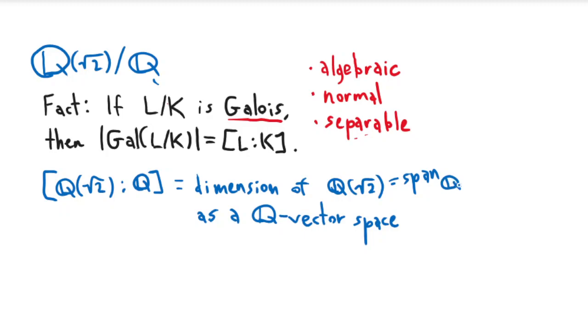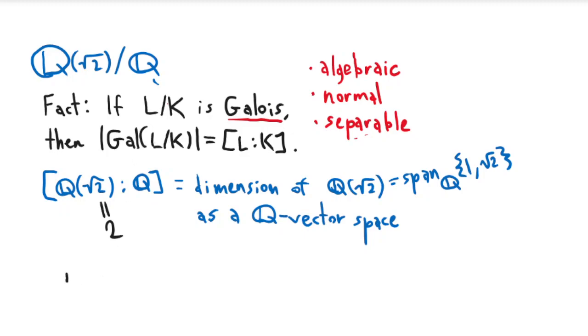So it's just all of the rational linear combinations of 1 and square root of 2. And we can use that here because this set is actually a basis for Q adjoin square root of 2. And it has two elements. And so the degree in this case is equal to 2. But so what that means is that the size of the Galois group is equal to 2.